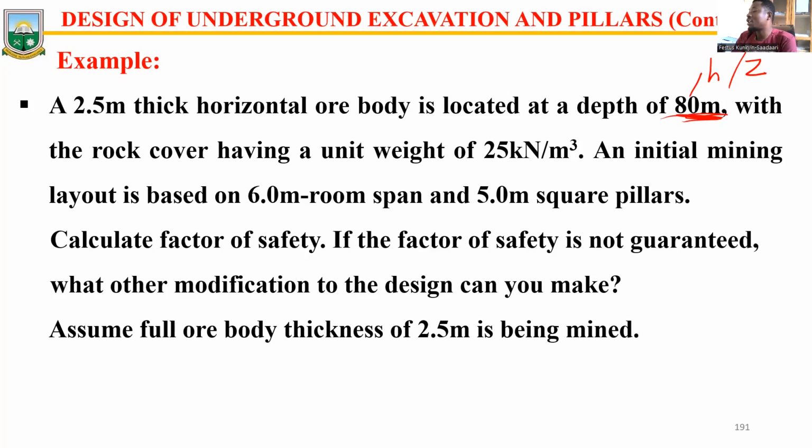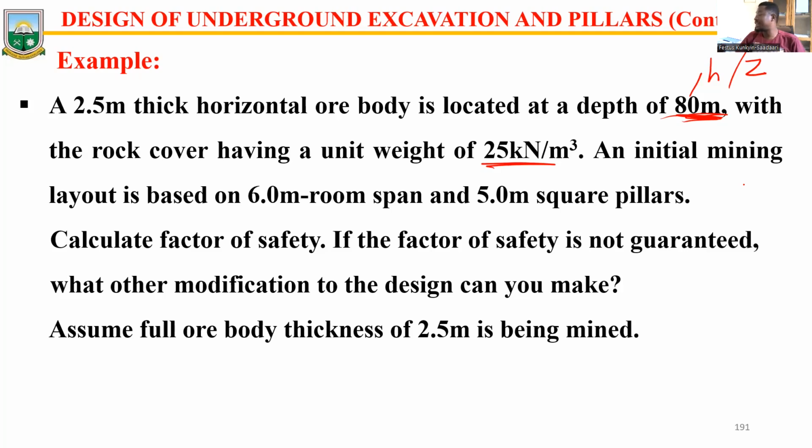Then with the rock cover having a unit weight. So from that surface to where the ore body is, that material there, which is the overburden material, whatever pillar you are going to put in place is going to bear. The unit weight of that material is 25 kilonewtons per meter cube.